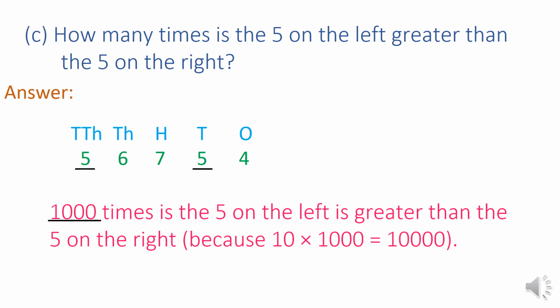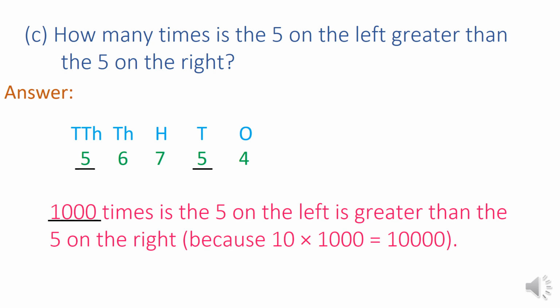This number has 4 ones, 5 tens, 7 hundreds, 6 thousands and 5 10,000s. In our number 56,754, the left side 5 is in the 10,000s place and the right side 5 is in the tens place.